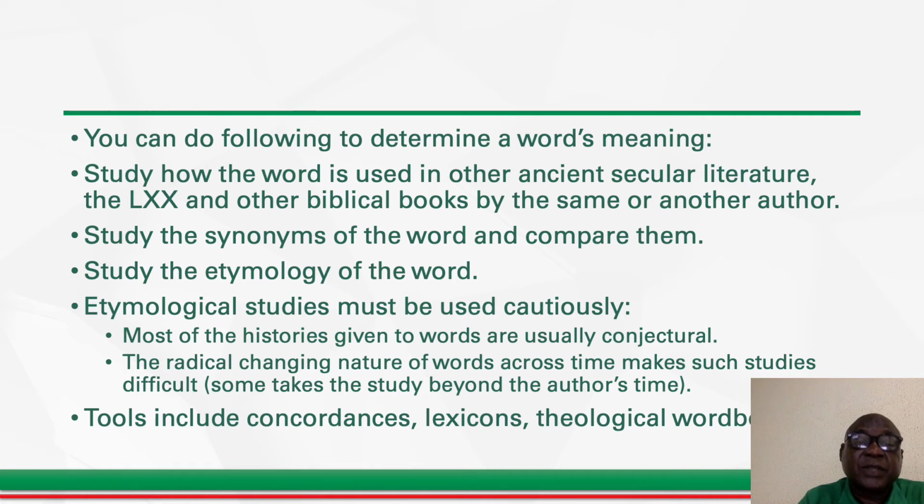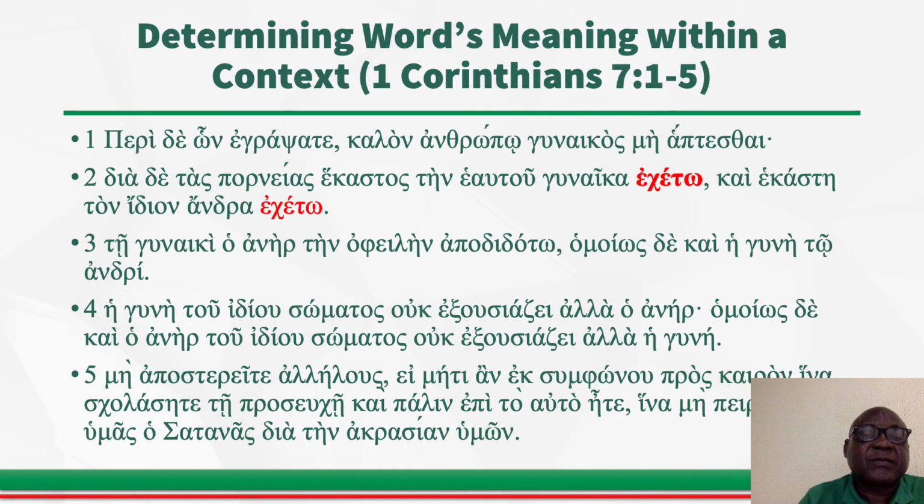You will need the use of concordances, lexicons, and theological word books to succeed in this enterprise. I want us together to take a pause now and look at the meaning of the word echeto as used in 1 Corinthians chapter 7 verse 2.